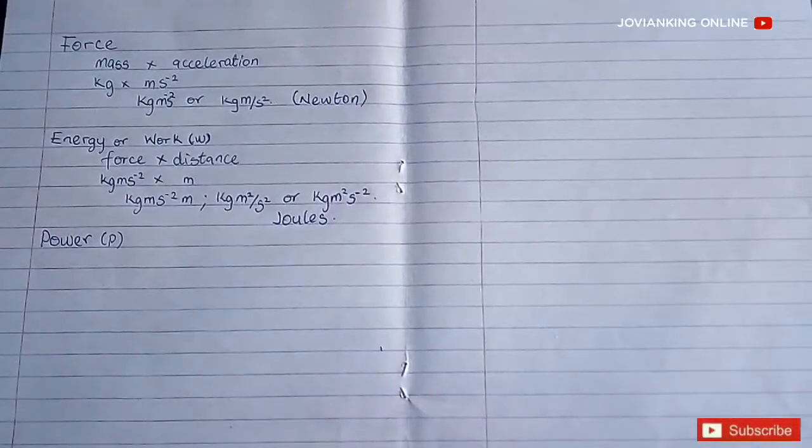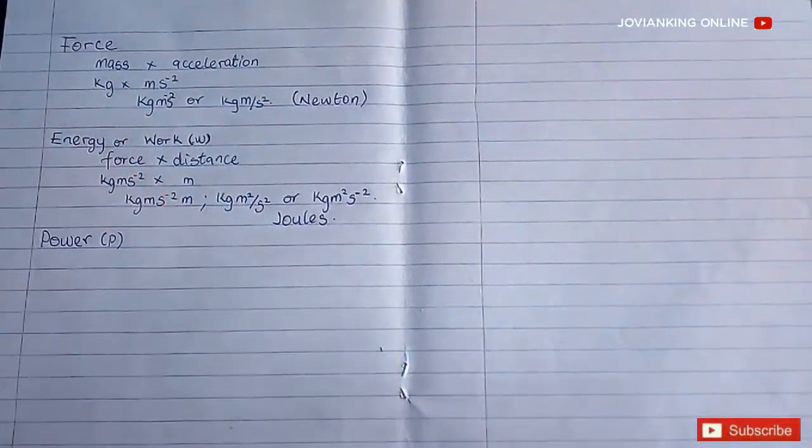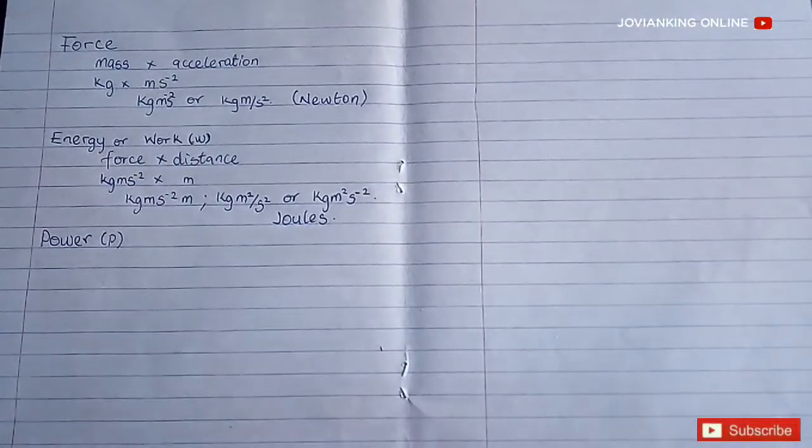So from the both men, we say that the man with the higher power is the first man that cut the field in 2 minutes. So when you're talking of power, we are talking of something based on a time interval. Two men are given the same work to do, and the person that does the same work in a shorter time, we say that the person has more power than the other man.